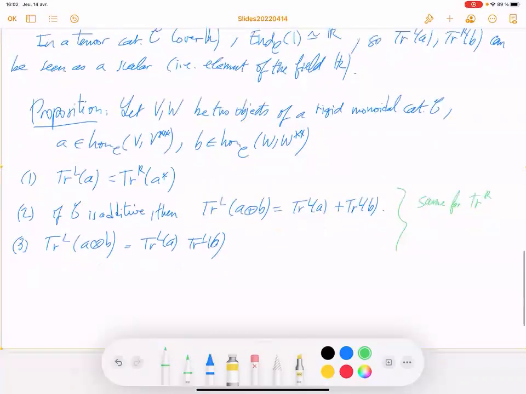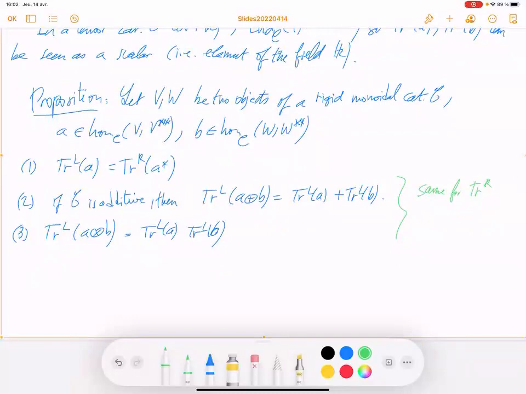And the last property. So if you have a morphism from V to V, then the left trace of A composed with C, but in fact we can just write AC, we don't write the composition symbol, is equal to the left trace of the other order.